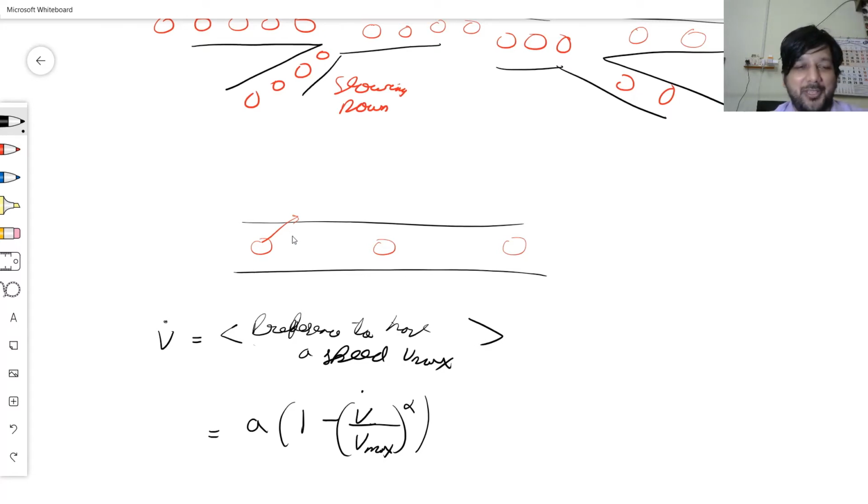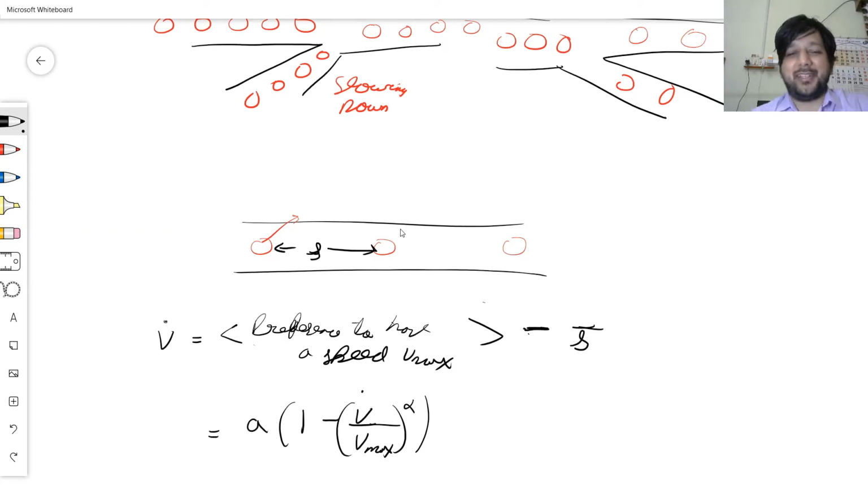So I need to accelerate, I should be able to go with Vmax, but of course I'll not be able to do that, because if I do that I will probably collide with this vehicle. So let the space gap between them be S, and I also have a preference to decrease speed, to decelerate, so the acceleration is negative. And I say that it's inversely proportional to the gap that I have.